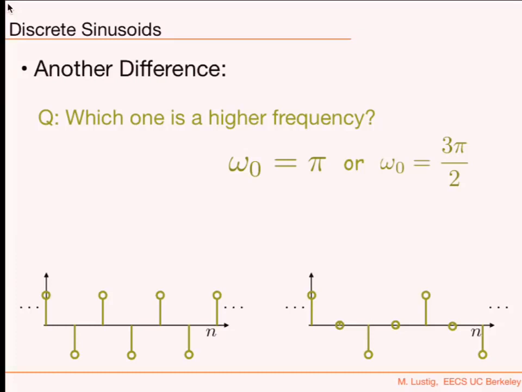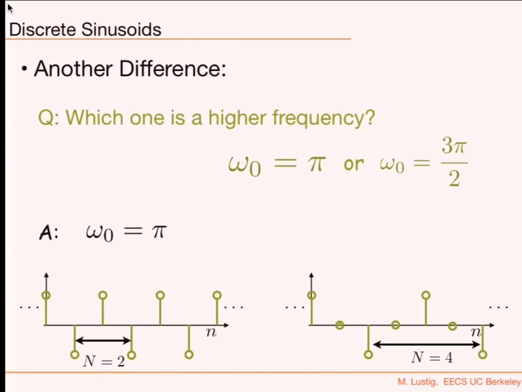It's 1, and then it goes 3/4 of a circle, and then 3/4 of a circle, and then 3/4 of a circle again, on and on. So you get 1, 0, minus 1, 0, 1, and so on and so forth. You count the period, and you see that the period in this case is n equal 2. The period in the other case is n equal 4.